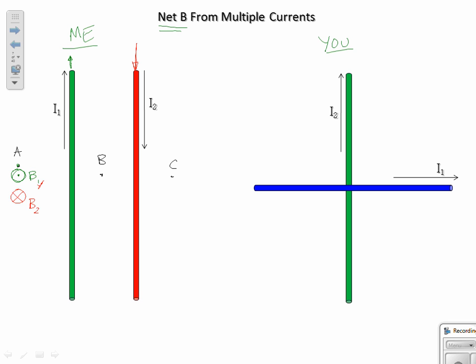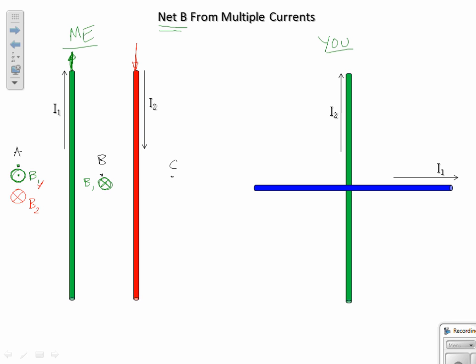Now in the middle at location B, let's see. If B1 over here is out of the page, B1 over here must be into the page. There's B1, right? My right thumb is going up because current's going up. Here are my fingers trying to jam themselves into the page.